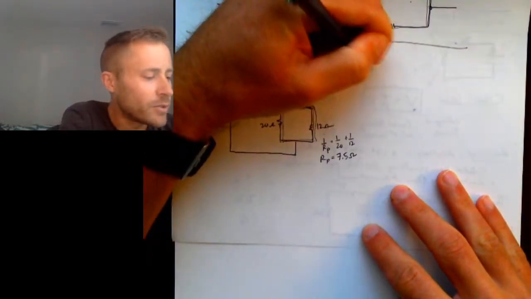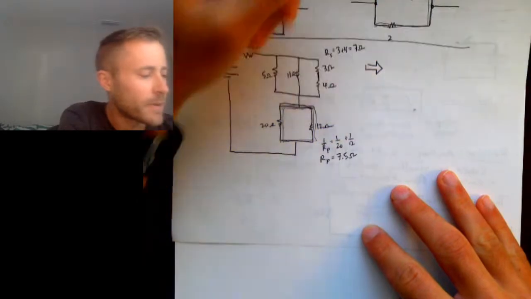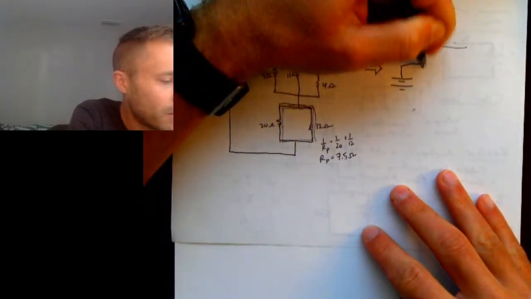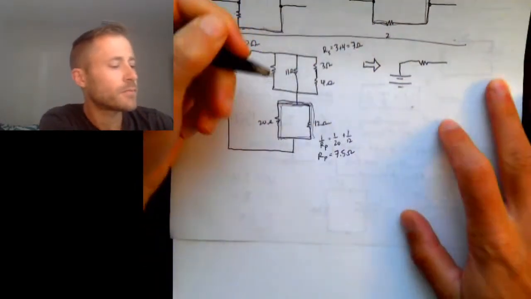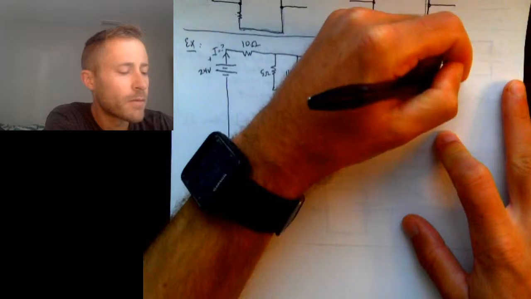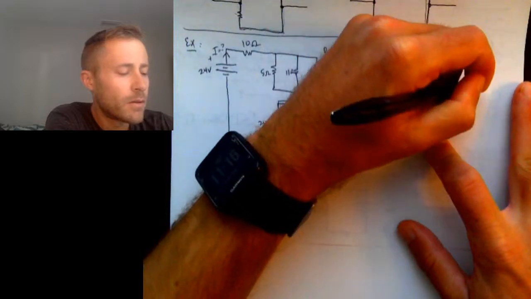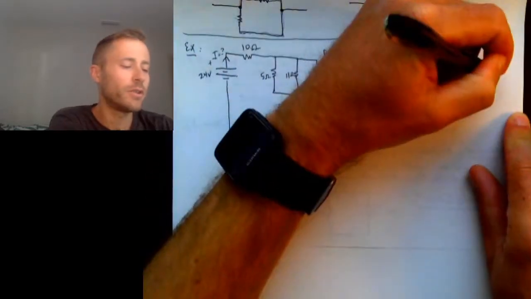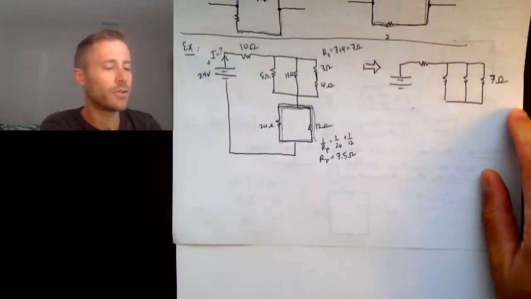So now what I'm going to do is I'm going to redraw the circuit. But where there were two resistors right here, I'm now replacing them with only a single 7 ohm resistor.